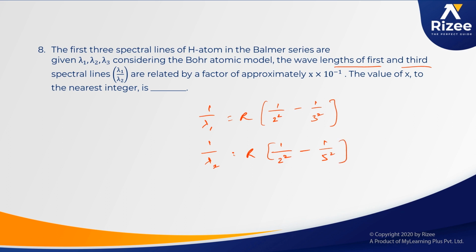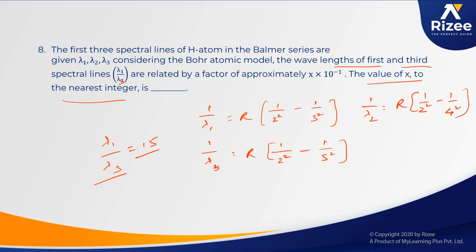The second one should be from the 4th level, so that will be R of 1 by 2 square minus 1 by 4 square. So now he is asking lambda 1 by lambda 3, how much is it. So this comes out to be almost equal to 15, the nearest integer. You can solve it directly, a straightforward question.